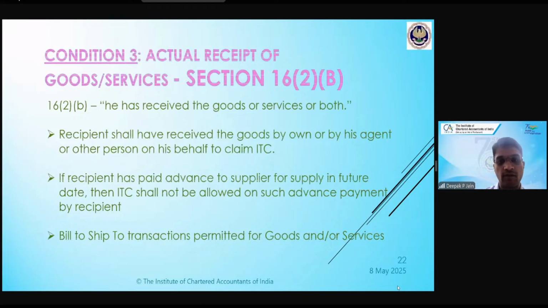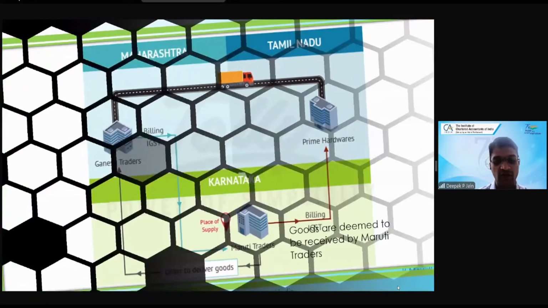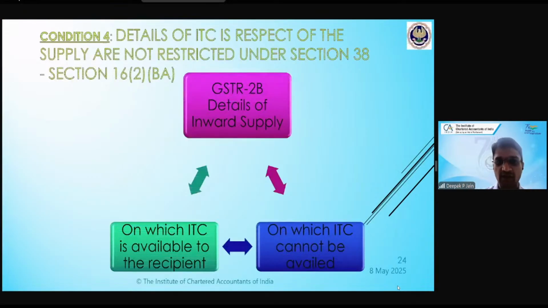Then 16.2B says that you should have actually received the goods. So in case of bill to ship to transactions also, it is deemed that you have received. Now 16.2BA says that details of ITC in respect of the supply are not restricted under section 38, which means it should not be under the restricted category.